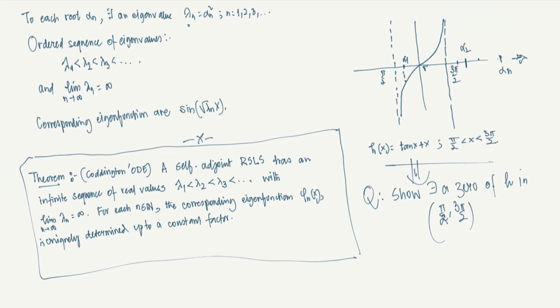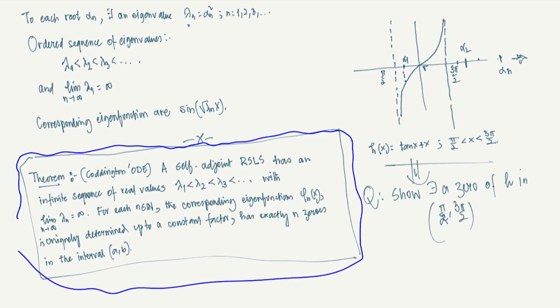Another thing very important. Let us talk about whether we can say something more about these eigenfunctions phi n. Yes, we can actually. What we can say is that phi n has exactly n zeros in the interval a b. Clear?